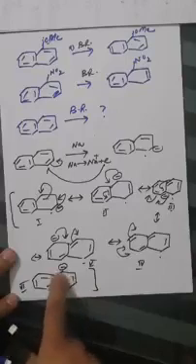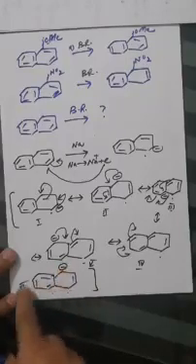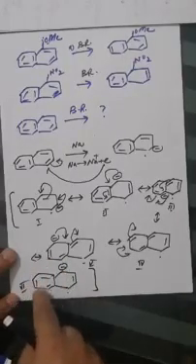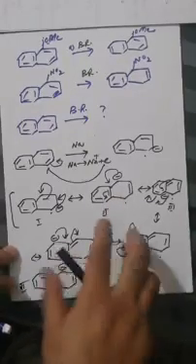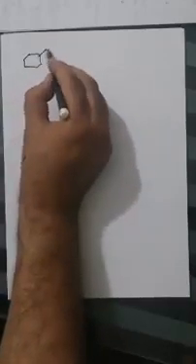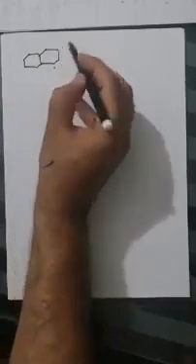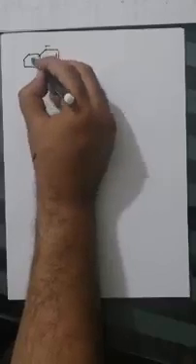Here the electron and a pair of electrons are quite far from each other, and also one benzenoid ring is present, so either this or this would undergo reduction further. What will happen? The next step is quite simple.